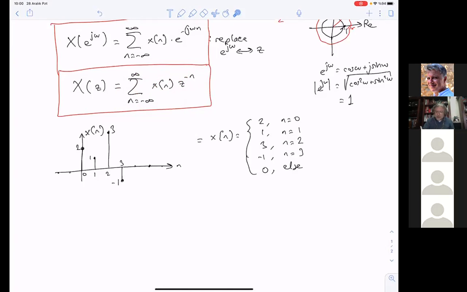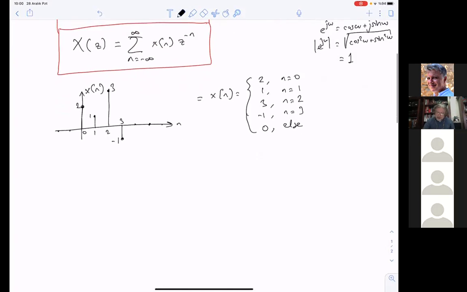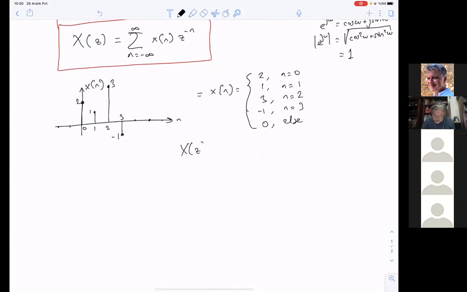They are added, combined. So would we agree that X of z, which is the z transform of this particular signal, is quite simply equal to 2 times z to the 0, which is 1, so we have 2, plus 1 times z to the minus 1, plus 3 times z to the minus 2, because when n is equal to 2, z to the minus n becomes z to the minus 2, and x of 2 is 3.